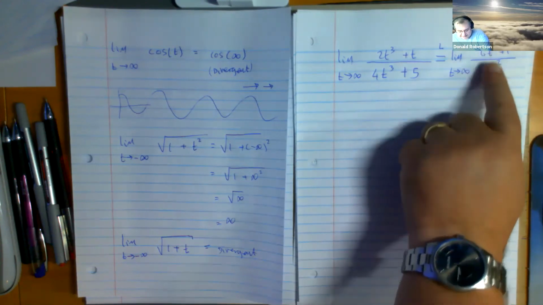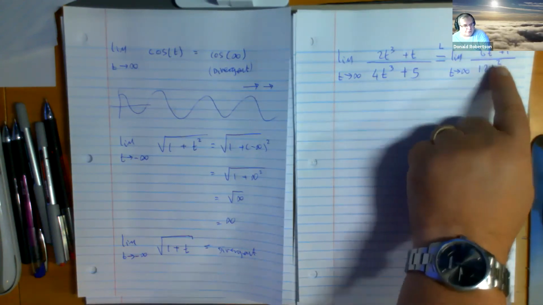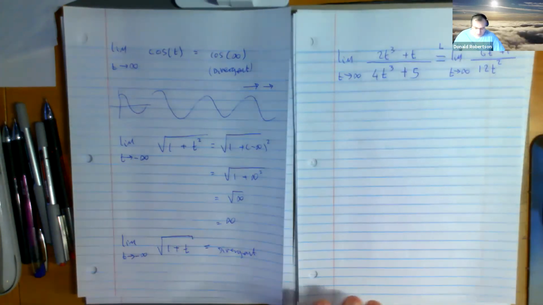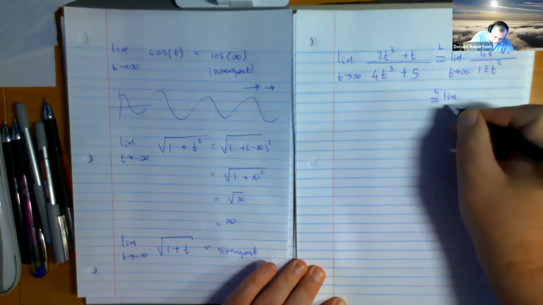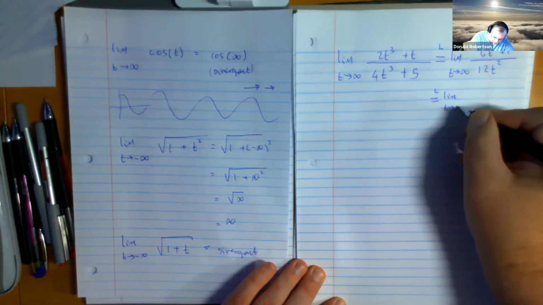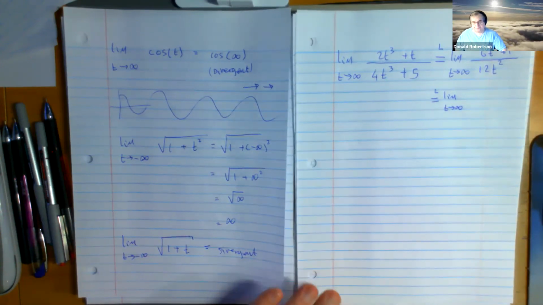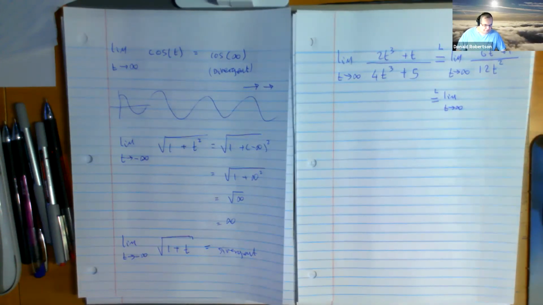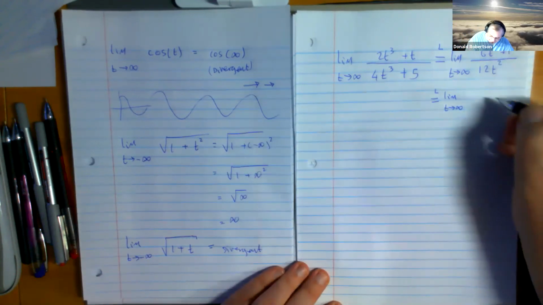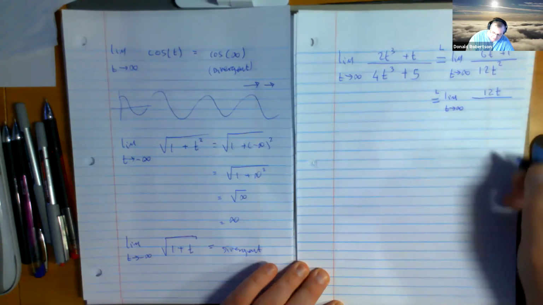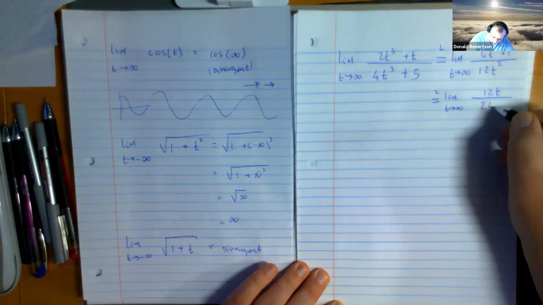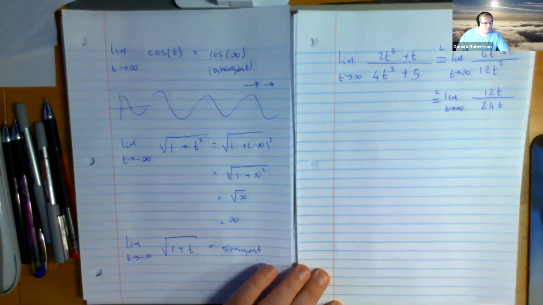Now, if you can't get the answer by brute force, which just means you plug infinity in and you get a number, you just do L'Hopital again. And the trick about L'Hopital is if you keep doing it, you should come up with an answer as long as it's a question designed for L'Hopital. Now, if you differentiate the top, would you agree it's 12t? And if you differentiate the bottom, it's 24t.